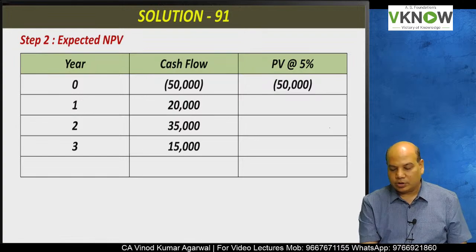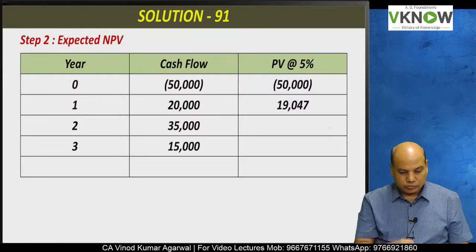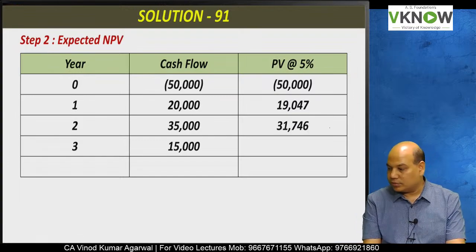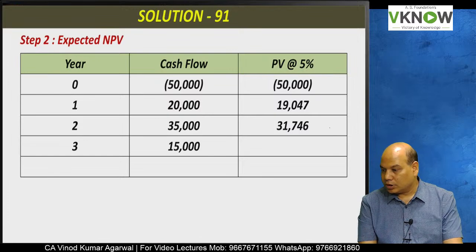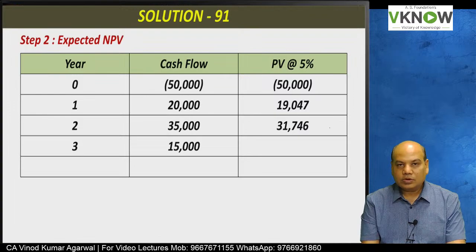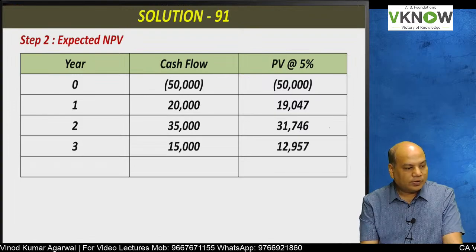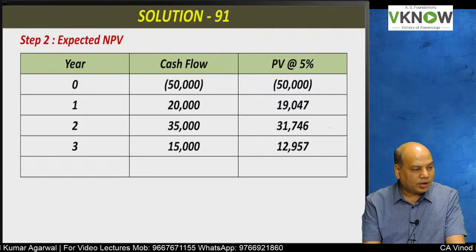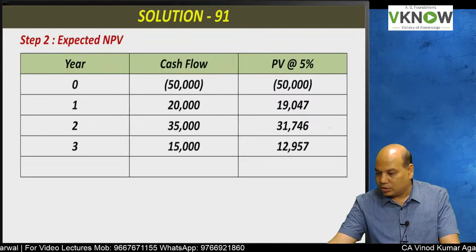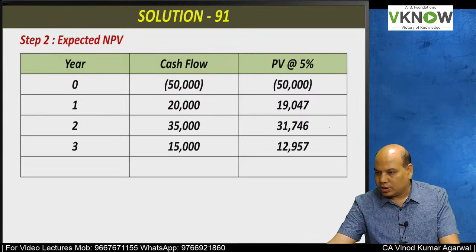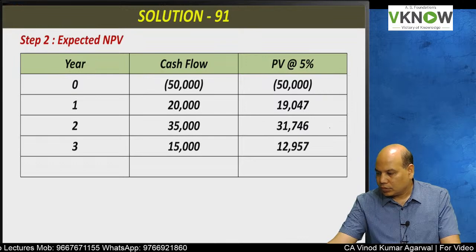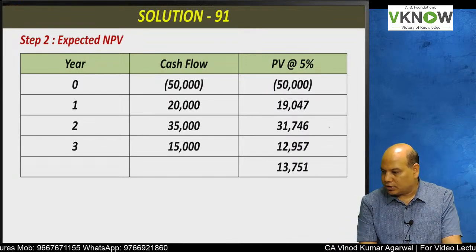20,000 divided by 1.05 is 19,047. 35,000 divided by 1.05 squared equals 31,746. 15,000 divided by 1.05 cubed equals, how much are you getting? 12,957.